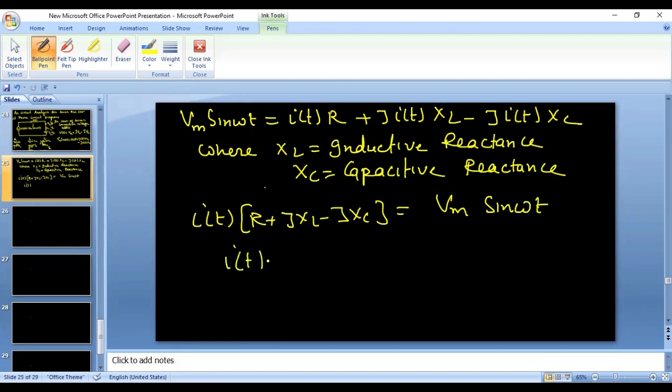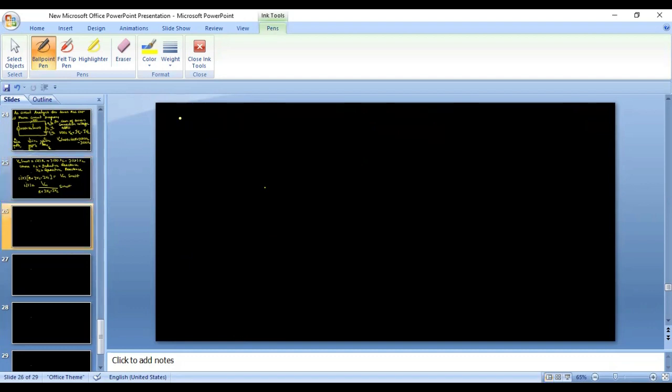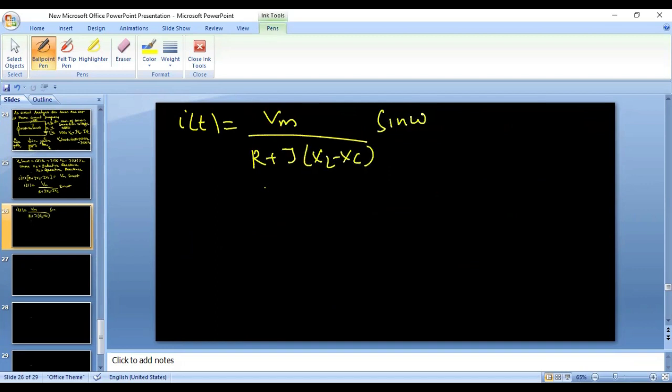From here, if I want to calculate IT, it is Vm upon R plus jXL minus jXC, times sine omega t. This can be written as IT equals Vm upon R plus j times XL minus XC, sine omega t.